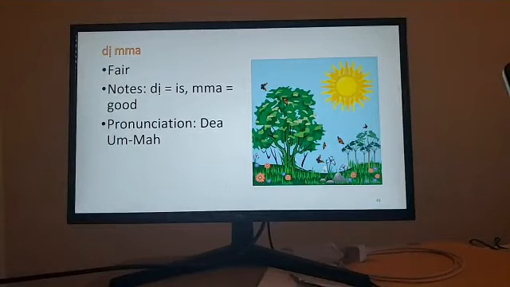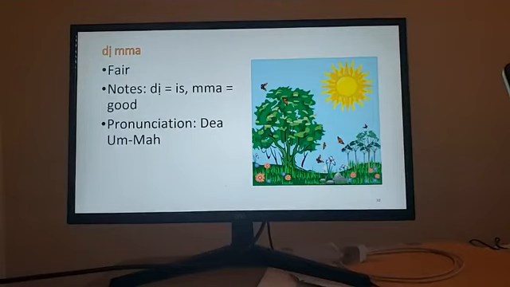So that's why it's different in the literal translation than it is with American English, because you're going from literally Igbo to British English. So we have to break it down even further to understand American English. Okay, so it's pretty easy here. With fair, you would just say Dea Um-Mah.